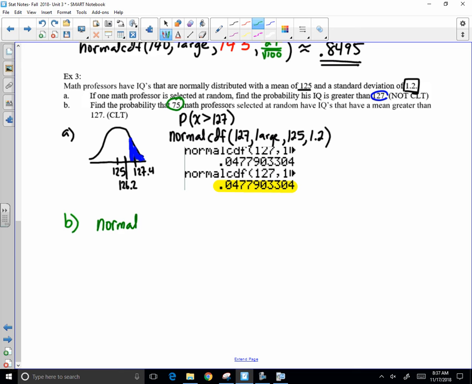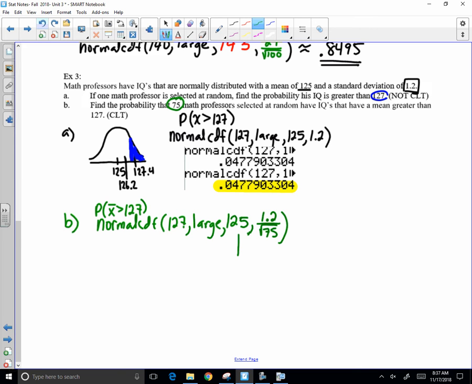What I put into the calculator, what I would write as my probability question, would be the probability that X bar is greater than 127 instead of X, but it would be normal CDF, 127 to something large, comma, the mean, comma, the standard error, which would be 1.2 divided by the square root of 75.